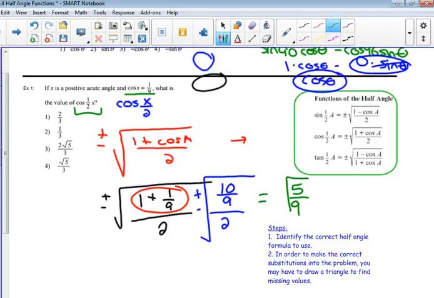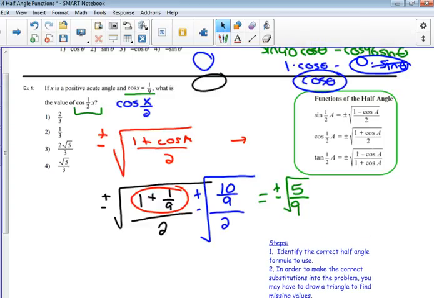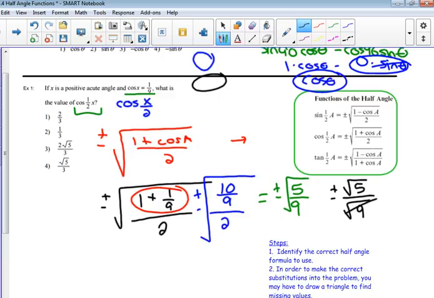Now don't forget, you have that radical around the whole thing. The last step for these, if you have a radical around a fraction, split it. Good job, nice math. That radical belongs to the top and it belongs to the bottom. So really, this is like saying radical 5 over radical 9. Can you reduce any of these? Good, radical 9, perfect square root, 3. That's it. So we have radical 5 over 3.